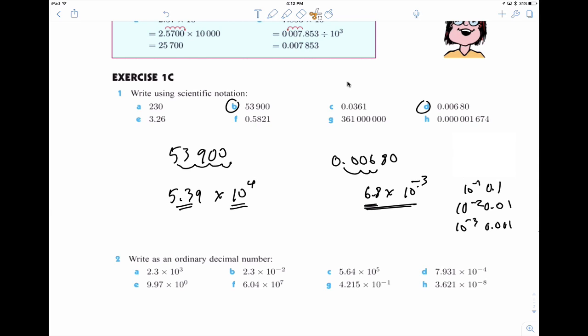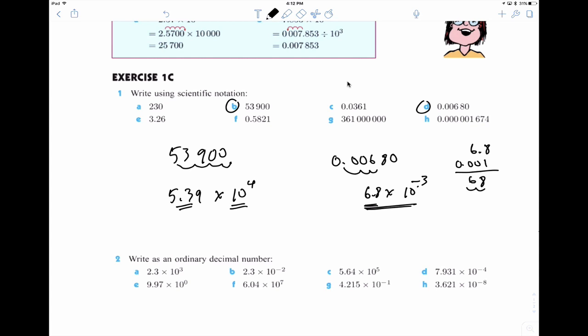So if I were to test this out to make sure that it works, I would multiply 6.8 times 0.001, which effectively is that, and we're finished, but we've got 4 decimal places to account for.